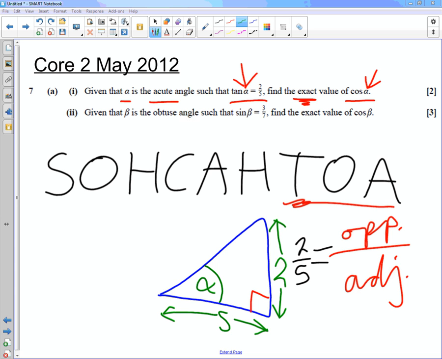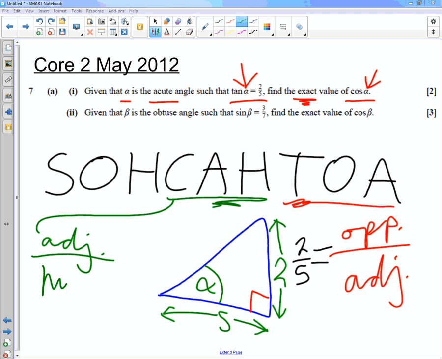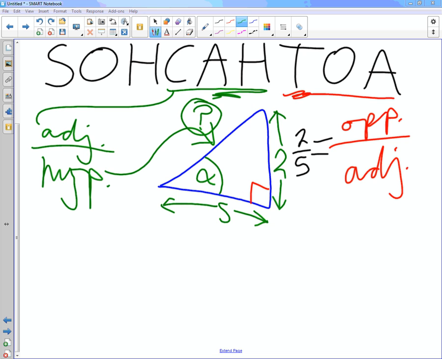Now, if we were going to find cos of alpha, we've got to find adjacent over hypotenuse. But Edward, I might hear you cry, we need to know what the hypotenuse is. But we don't right now. Oh no. So we have to use a Greek guy's knowledge. This particular Greek guy is Pythagoras.